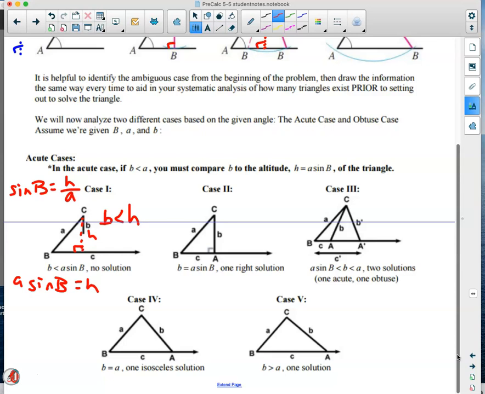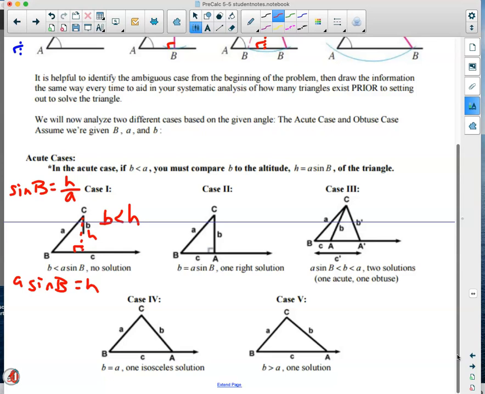And down here you can see all they did was substitute in B is less than A sine of B, because that's the math we would do to figure out h. We'd write 0 triangles and move on, because we can't solve that triangle because it's not a triangle. There aren't any.